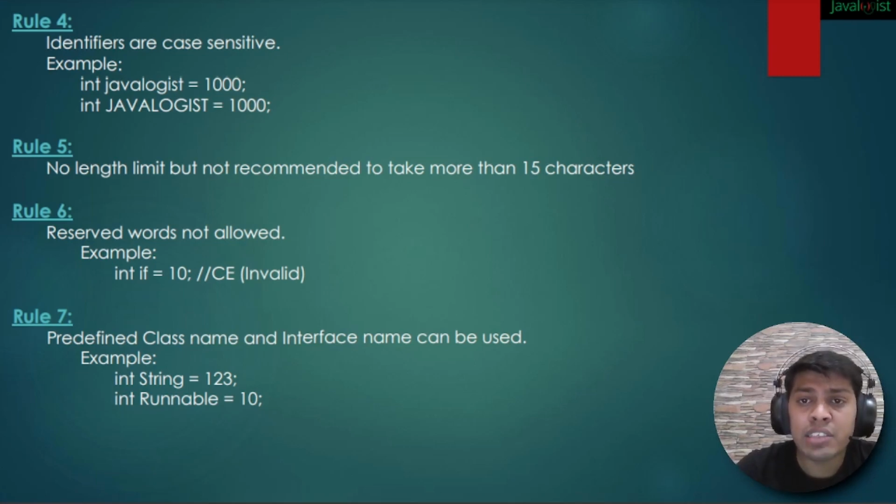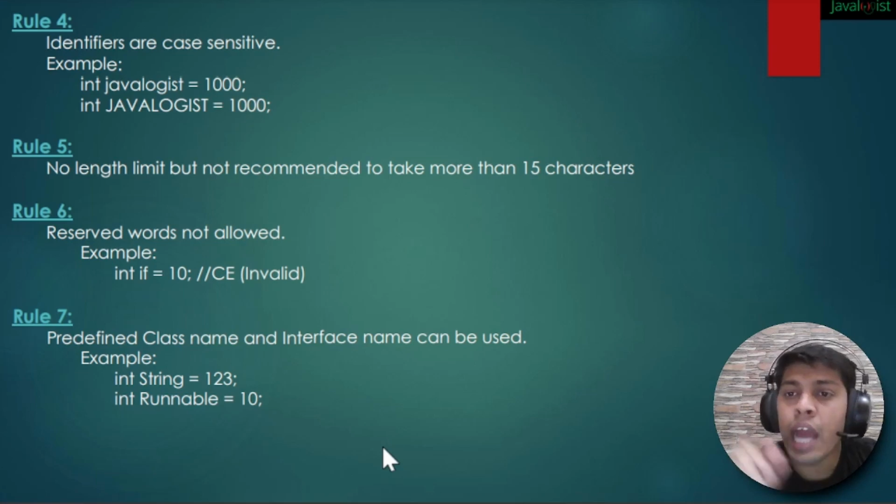And the last rule, rule number 7, all predefined class and interface names can be used as identifiers. I repeat, predefined class names and interface names are valid to use as identifiers, like String, Runnable. But remember, it is not a good programming practice, so don't use it.